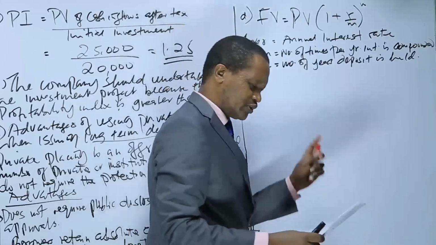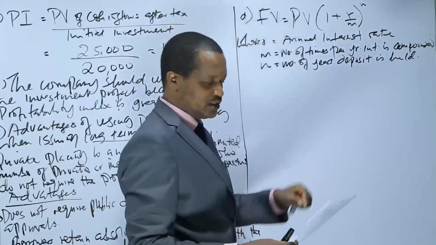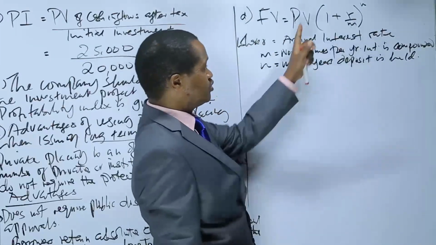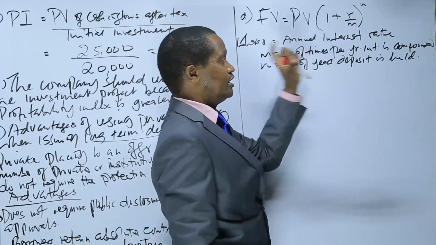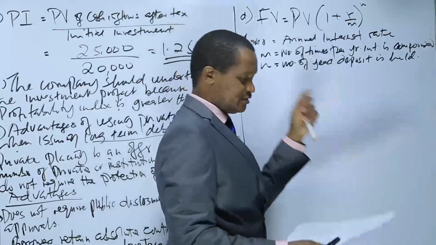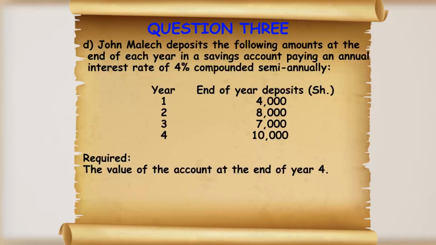Now let's come back to the question and see how we can apply this formula to this specific question. In this case, we are told John Malech deposits the following amounts at the end of each year. Candidates, I want you to underline the words 'at the end of each year', because the investor may also deposit this money at the start.